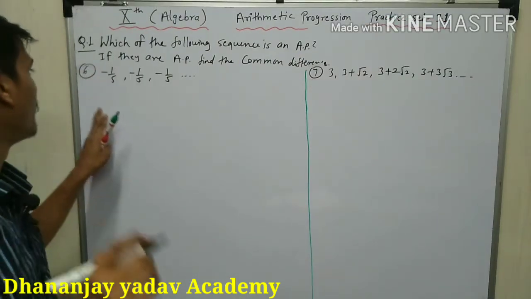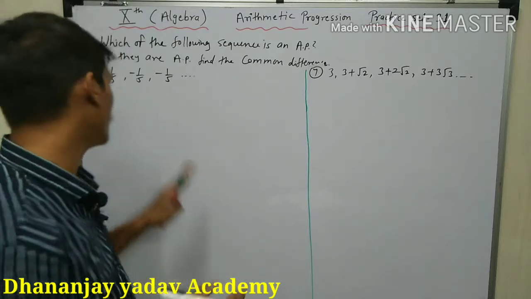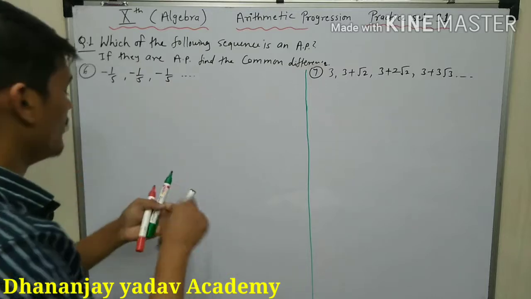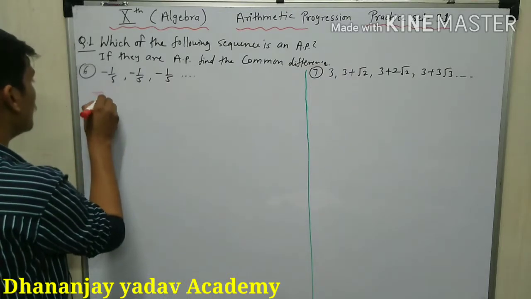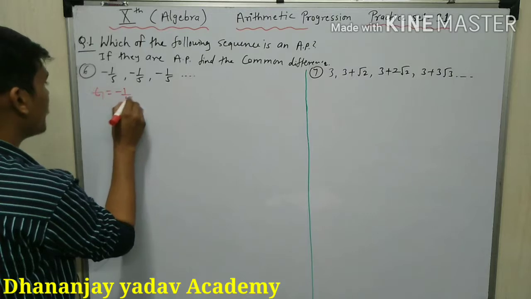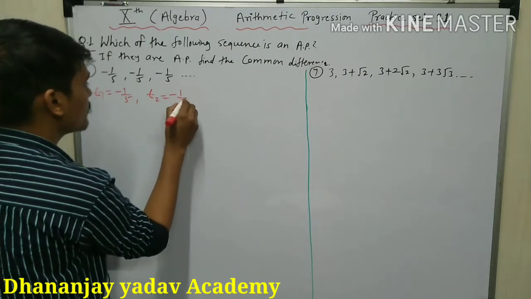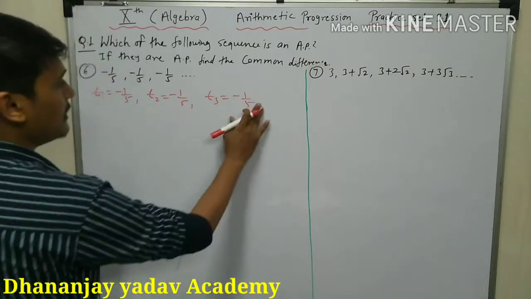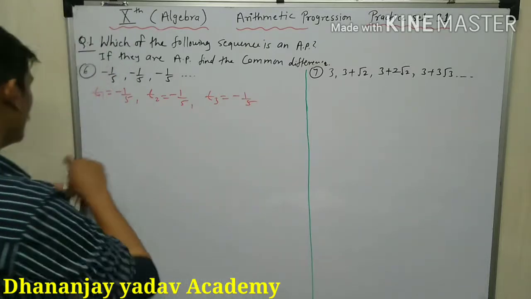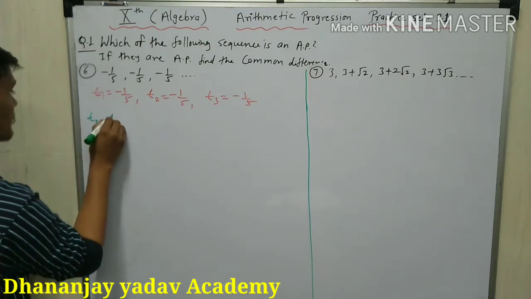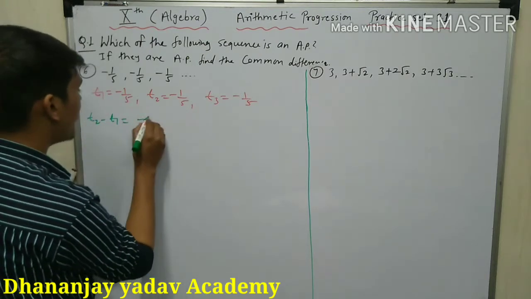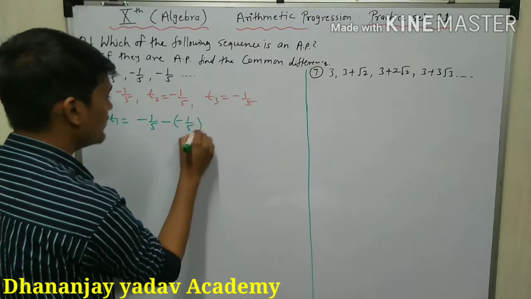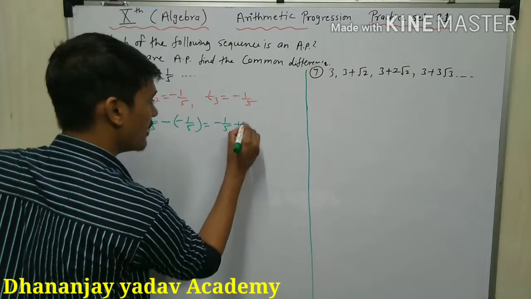Now the fifth question is very simple, you can do it. Now start the sixth question. Here, you can write first T1 is equal to -1/5, T2 is equal to -1/5 and T3 is equal to -1/5. Clear? Now solve here. T2 minus T1 is equal to -1/5 minus (-1/5), which is -1/5 plus 1/5.